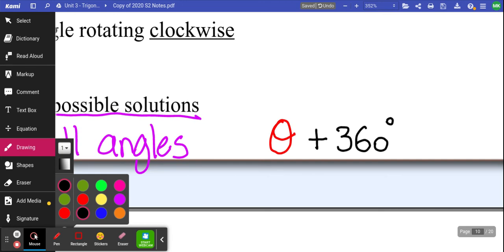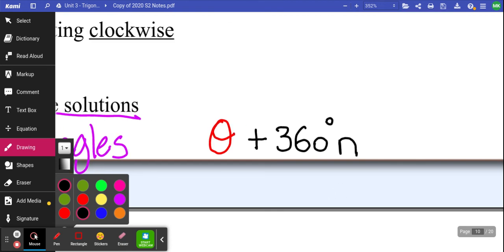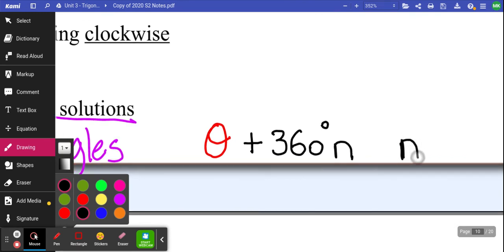That would be a full spin, and you do that as many times as you want, n times. This means take your standard position angle, do a 360, you'll get to the same spot. Do as many 360s as you want. You do have to put a rule on n. n can't be any number, because if n was a decimal, then you wouldn't have done a full spin. So you have to define n. You define n as an element of the integers.